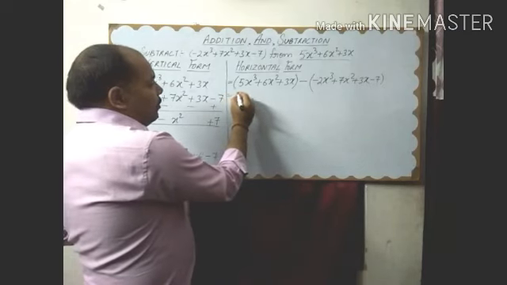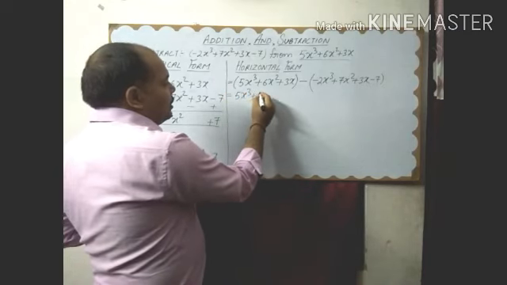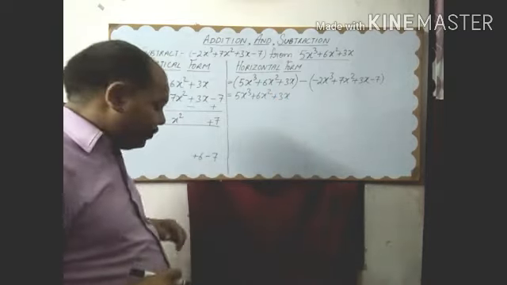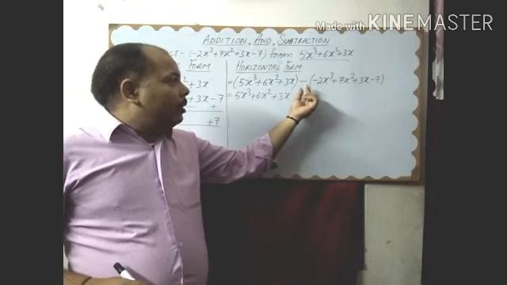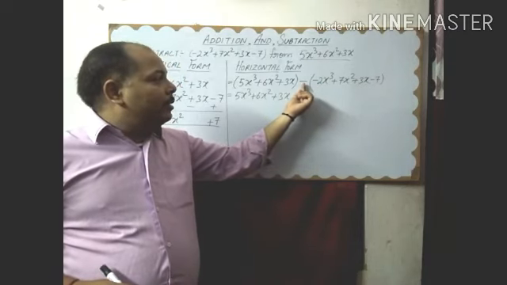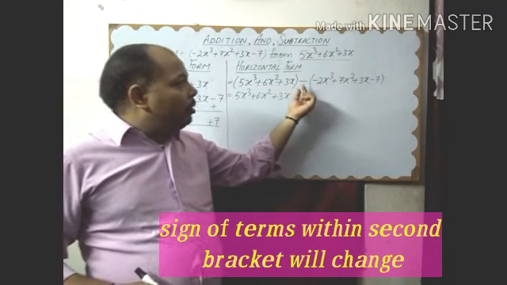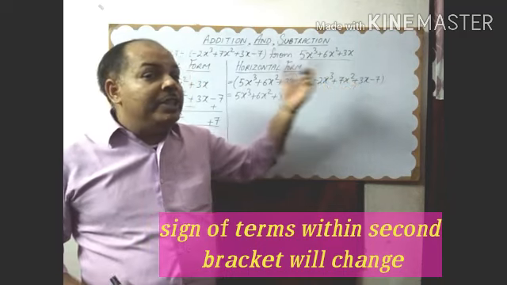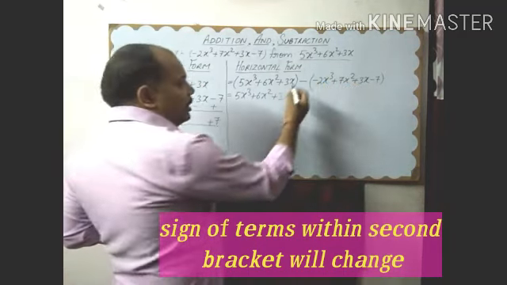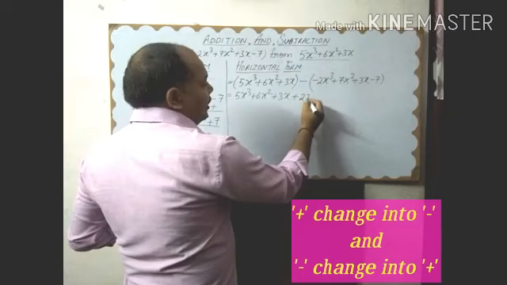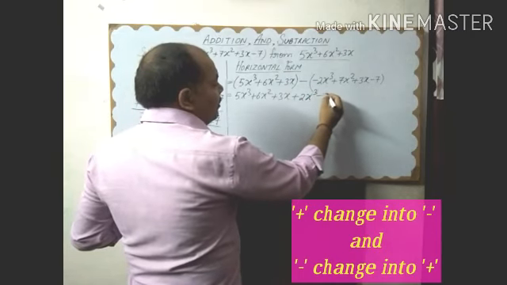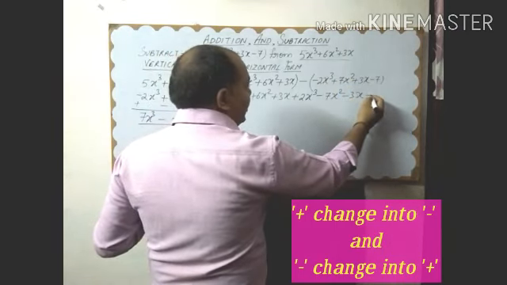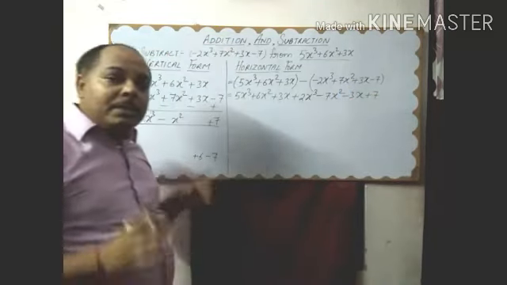Now open the bracket. 5x cube plus 6x square plus 3x. Again see here, before the bracket the sign is minus. So all the signs of the terms in this bracket will be changed. How? See here, minus minus it will be plus, minus plus it will be minus, minus plus it will be minus, and minus minus it will be plus.